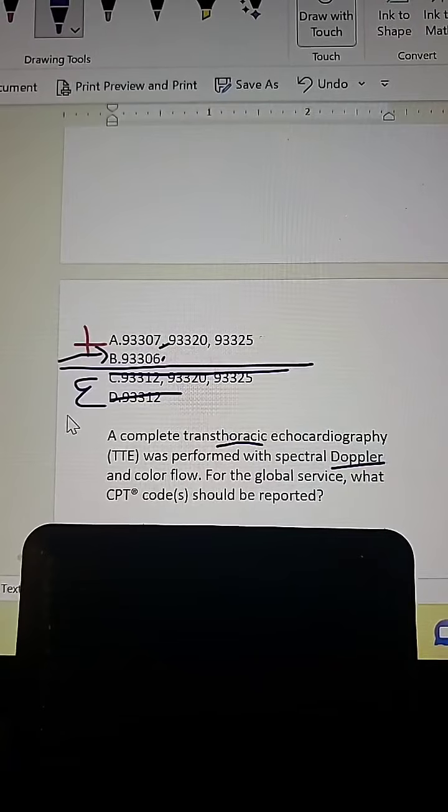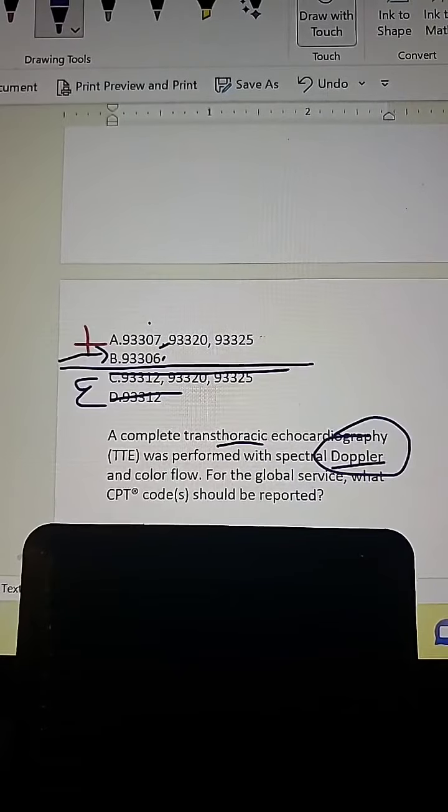Thoracic, esophageal, get rid of the ones you don't need. Out of the two, what's the difference? Doppler or no Doppler? And then look for that one word. Not even knowing what in the world, what body part, nothing about medicine or coding. You could do it like this if you know what to look for.